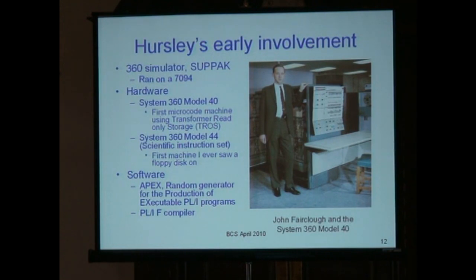Now, Hursley's early involvement was obviously, before you could run 360, you had to have an operating system. And so they built a simulator on the 7094. The Hursley contribution was the Model 40.